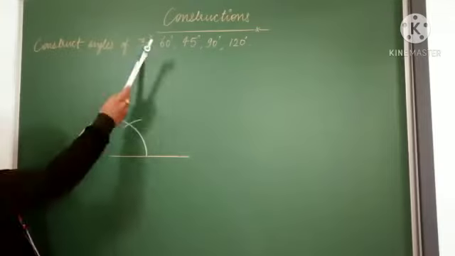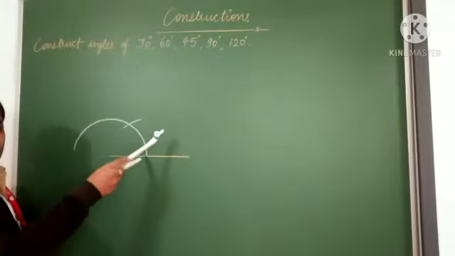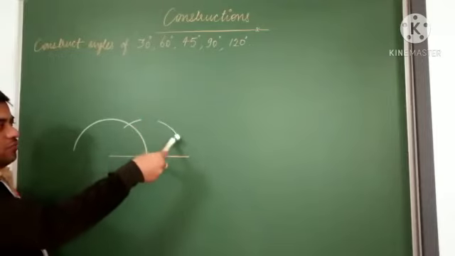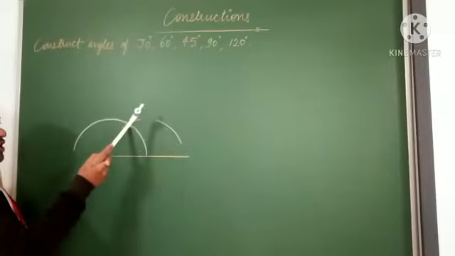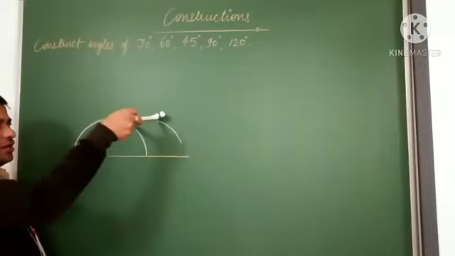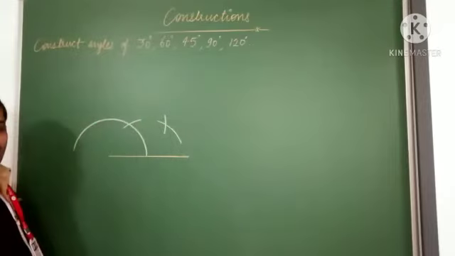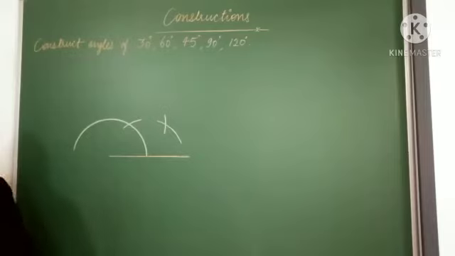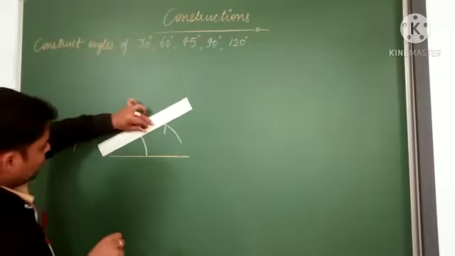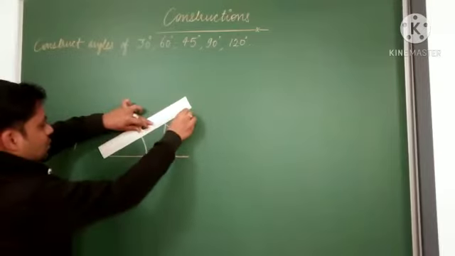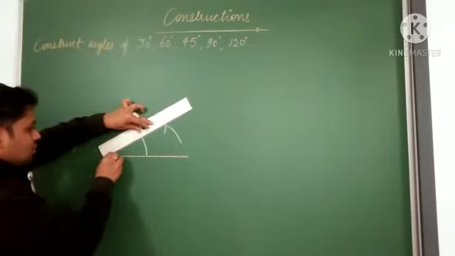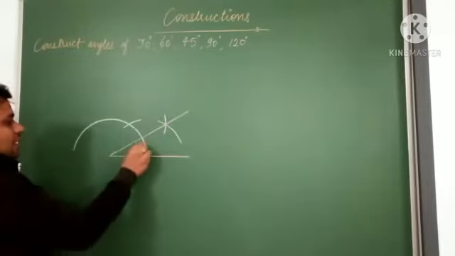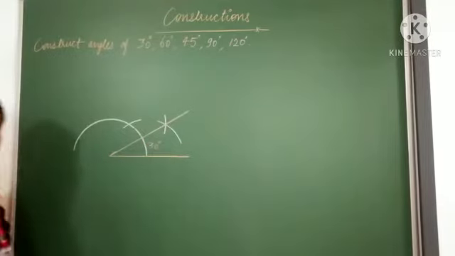But we are making 30 degree, so keeping the compass at the same starting point of the arc, cutting one more arc, and keeping the compass at the first arc point and cutting one arc over the previous arc, we will join this line from the intersecting points. This we will get 30 degree.